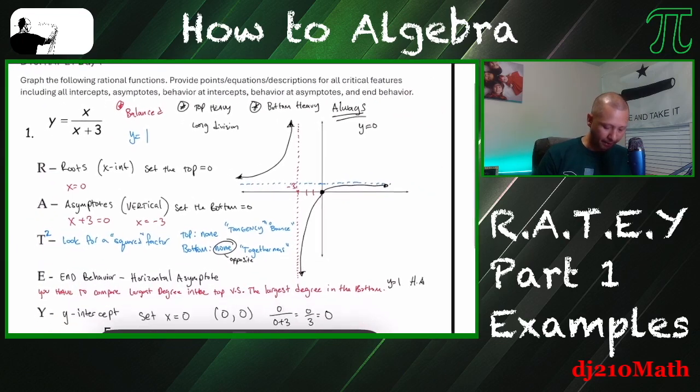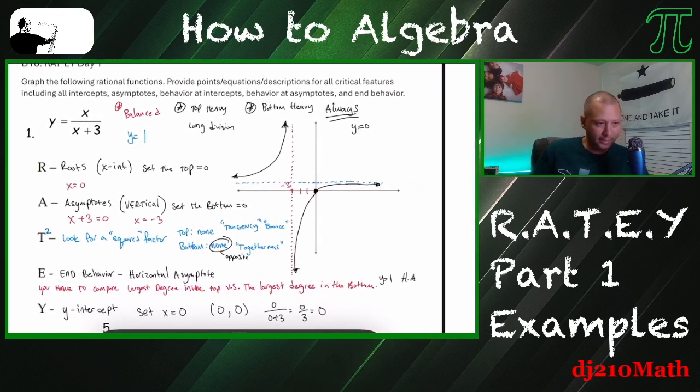Okay. At the end of the day, if you can't logically think your way through where the branch needs to be, don't forget that you know how to plot points. Because at the end of the day, it's still a graph. It's going to take an input and give you an output. So if I were to pick, say, something to the left of -3, so -4.